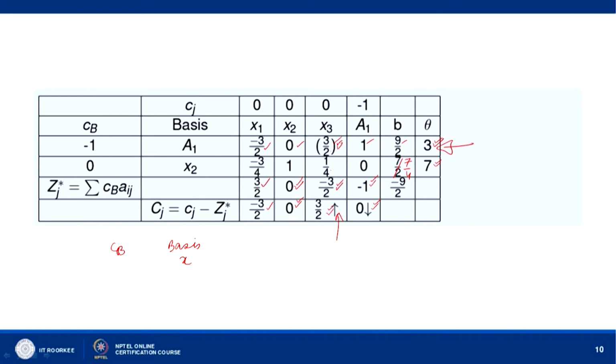So, x 3 and the coefficient of x 3 is 0, x 2 the coefficient is 0, then we have x 1, x 2, x 3. Okay. A 1 will not be there anymore. So, B, and then we are dividing by 3 by 2. Okay. So, this is minus 1, 0, then 1, and then we divide by 3 by 2. So, it will become 9 by 2 over 3 by 2. So, it will become 3.